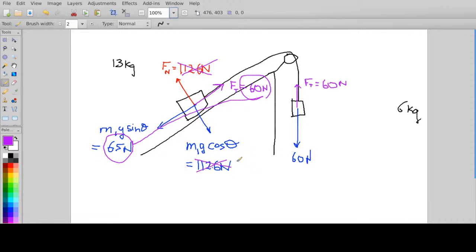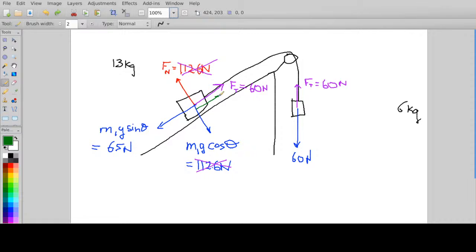If those were the only two remaining forces, then gravity downhill would win, by 5 newtons. So in order to keep this box from going downhill, you need an extra 5 newtons uphill.